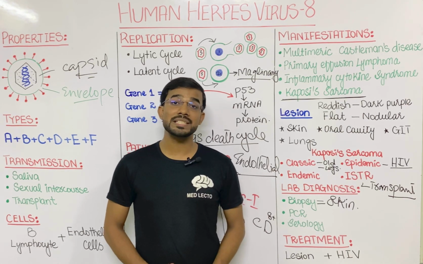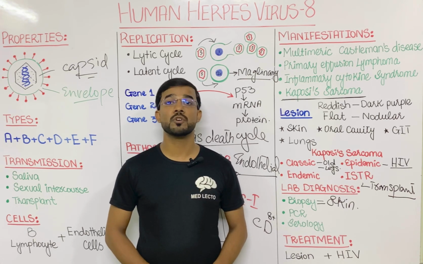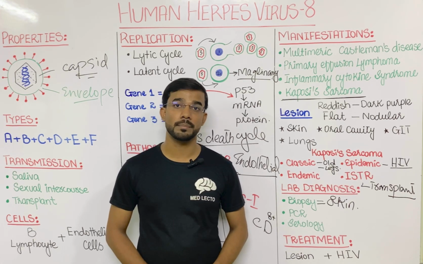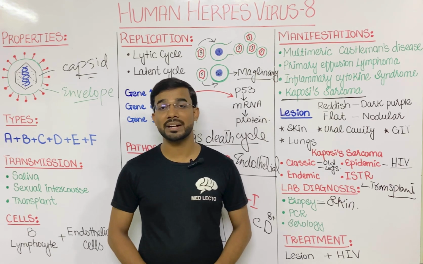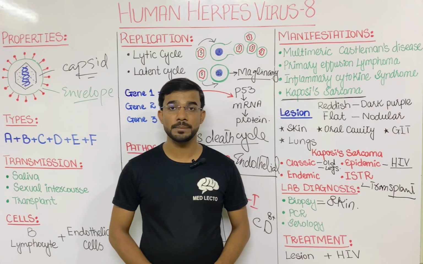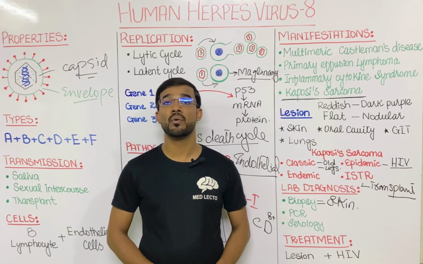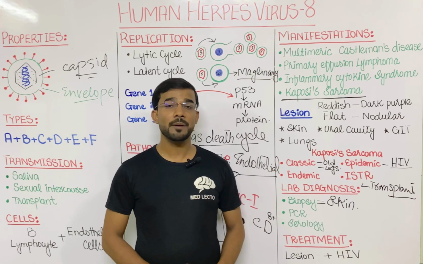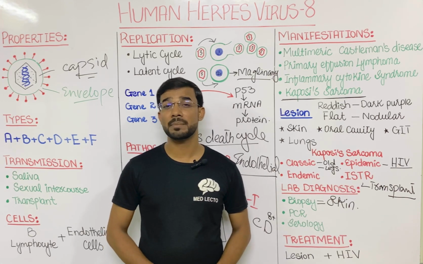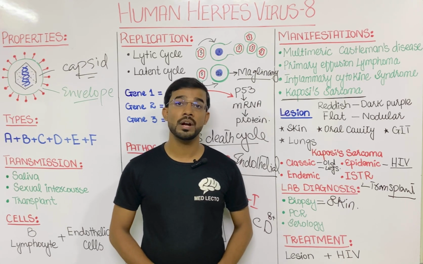For advanced Kaposi sarcoma, you can go towards chemotherapy like liposomal doxorubicin and daunorubicin. And in HIV affected people in early stages, you can go towards highly active antiretroviral therapy. So these are basically the different treatment plans, but they will vary according to your physician.